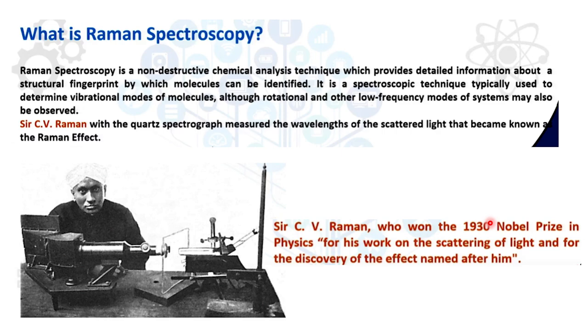Similarly, from the Raman, you can identify the molecular structure and presence of different functional groups in the material. So it determines vibrational modes of molecules, although rotational and other low frequency modes of the system may also be observed from the Raman spectroscopy. Now, C.V. Raman, with a quartz spectrograph, measured the wavelength of scattered light, known as the famous Raman effect.